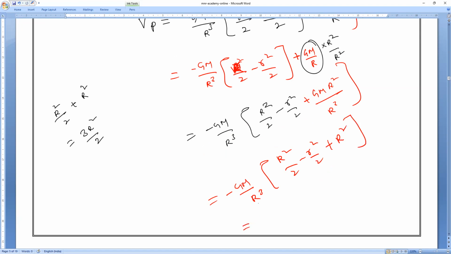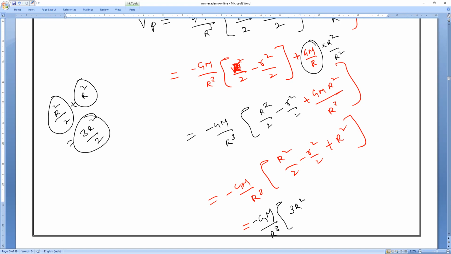So now, if you have noticed it, everybody, all of you check it. So R square by 2 plus R square, how much? R square by 2 plus R square, which is equal to, speak loudly, everybody. Minus Gm by R cube, which will turn up into what? R square by 2 plus R square, which is equal to, speak guys. Yes, please. 3R square by 2.